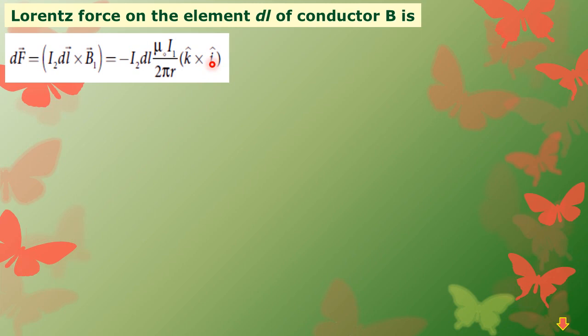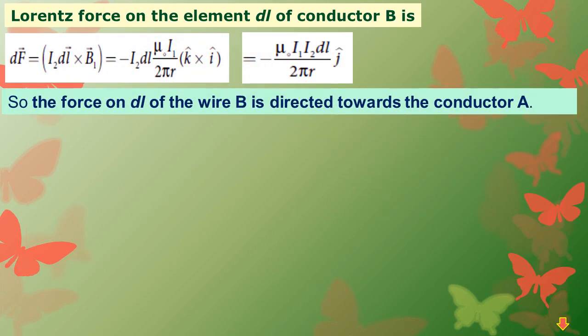As you know, k cap into I cap is equal to j cap. So minus mu naught I1 I2 divided by 2 pi r, with the value of dl and B1 substituted.